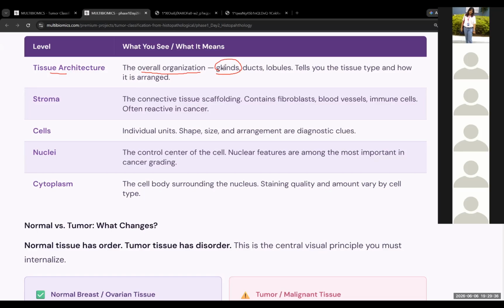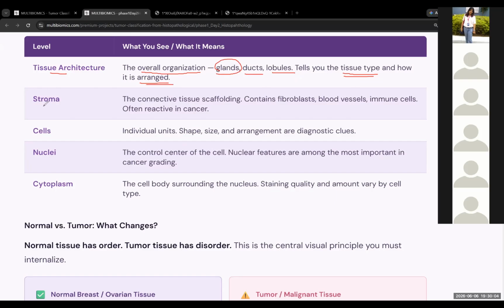You just take two steps back and look at the painting from far. No details now, just bigger structures, like whether ducts are there or lobules are there or not. By looking at the bigger architecture, you can say what tissue type is there or how those tissues are arranged in that organ.